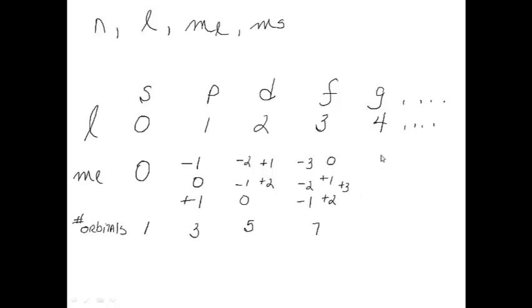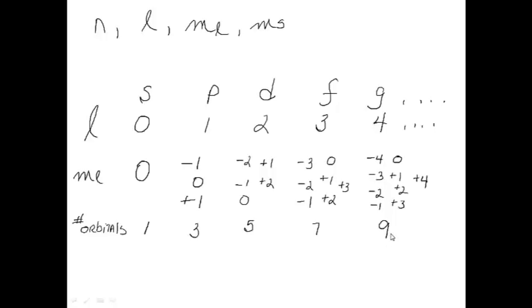When L is 4, m sub L is -4, -3, -2, -1, 0, +1, +2, +3, and +4. And please remember that m sub L really represents the axes, so it's kind of an extension of L. Not only is it the shapes, but it's the axes they're on too.